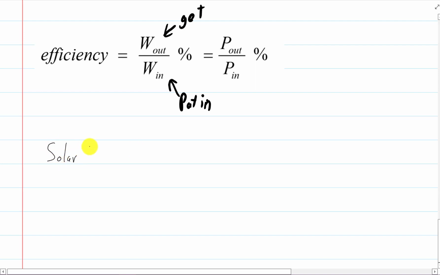A solar panel takes in 700 joules of light energy and gives off 150 joules of electrical energy.